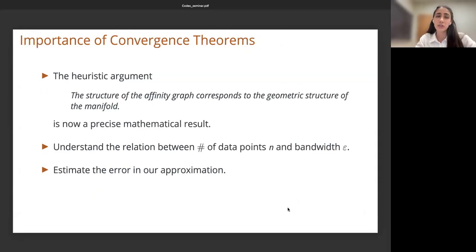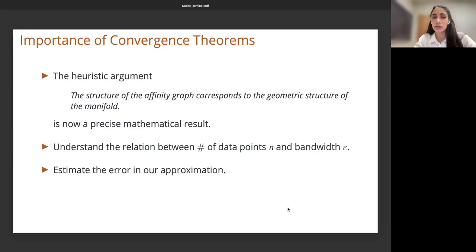Okay, so why do we care about these convergence theorems? Well, first of all, the heuristic argument that we gave before, where we hoped that the structure of the graph corresponds to the geometric structure of the manifold, is now given in a precise mathematical way.